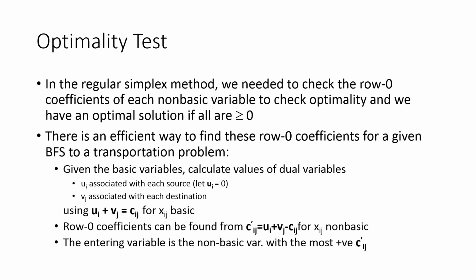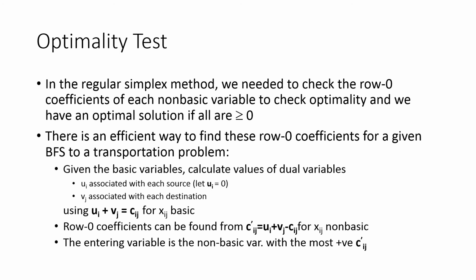But if it's not optimal, I'm going to have to find another solution, which is another corner point solution that will improve the current solution. And the way we do this is by first finding what we call the dual variables of the transportation problem, and we're going to see that in the next slide.